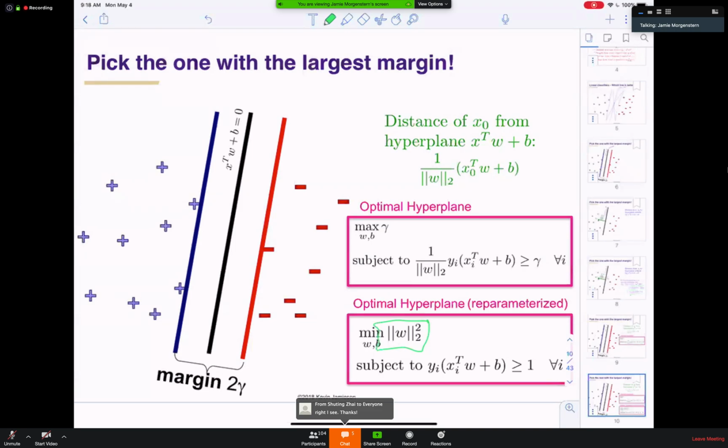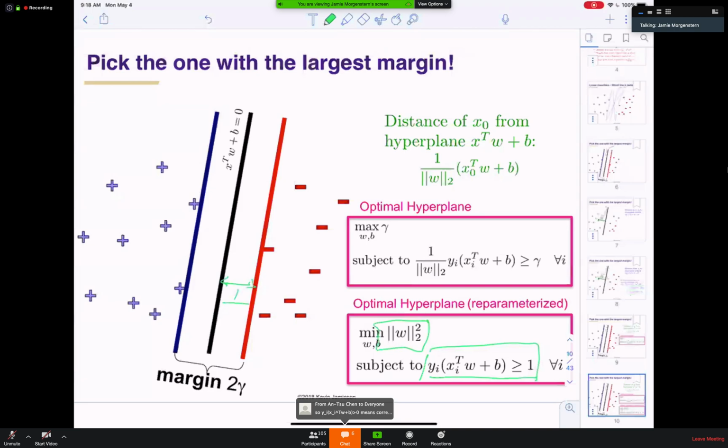These two are equivalent optimization problems. The second one is just saying we still need to have our margin, but this margin never explicitly takes into account the norm of W, which is nice. And then we want to minimize the L2 norm of W squared.